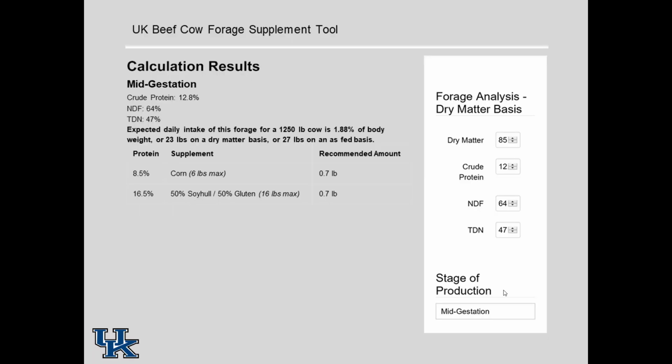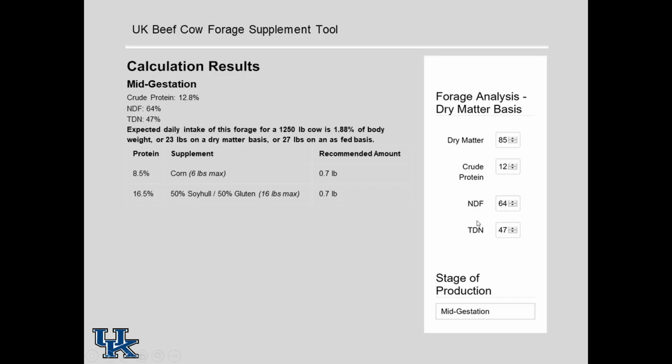Let's take a look at the forage first. It was 85% dry matter, 12% crude protein, 64% NDF, and 47% TDN. So we're looking at a pretty mature, low energy forage here. And it actually was a real forage sample. So don't get confused that we've got 12% protein but high fiber.